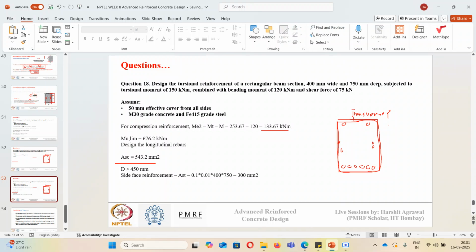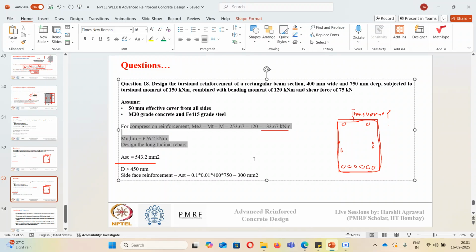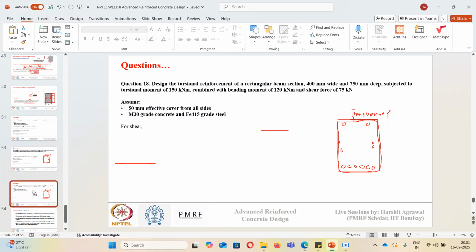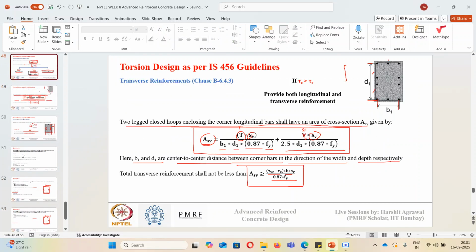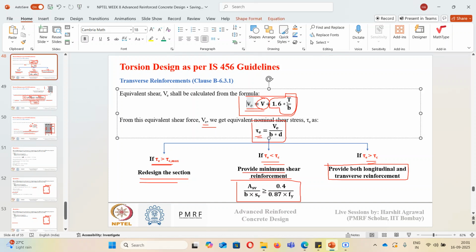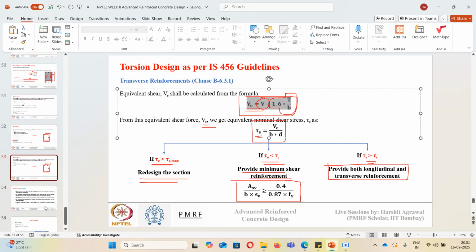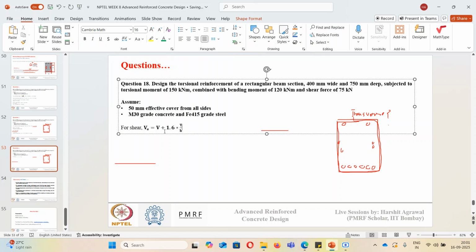Now for shear, we know the formula. We need to estimate the equivalent shear by this equation: Ve = V + 1.6 T/b.